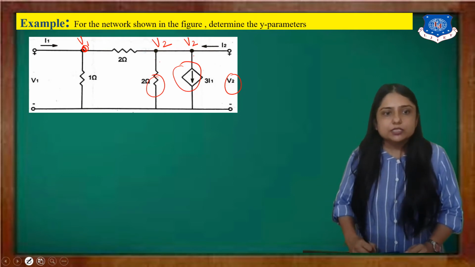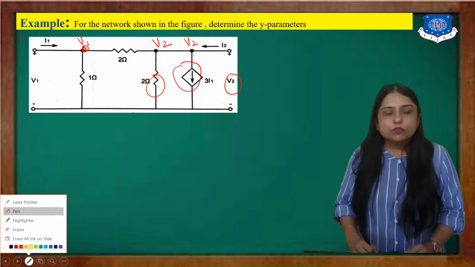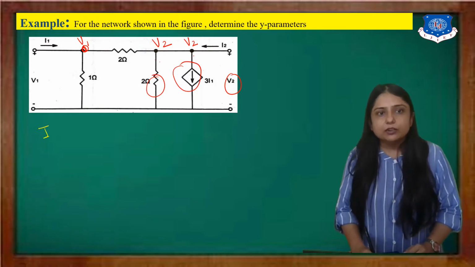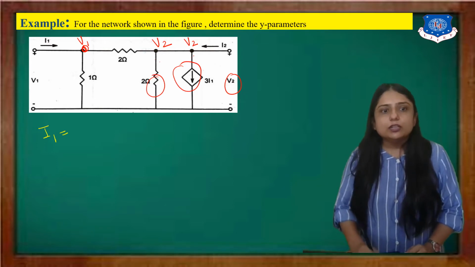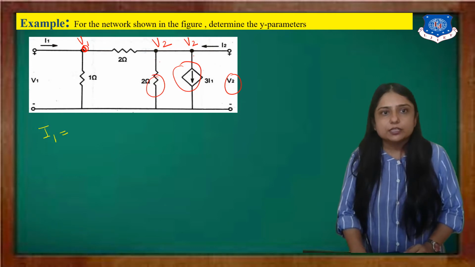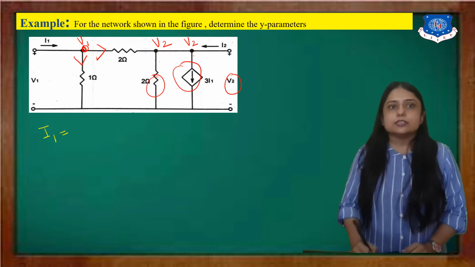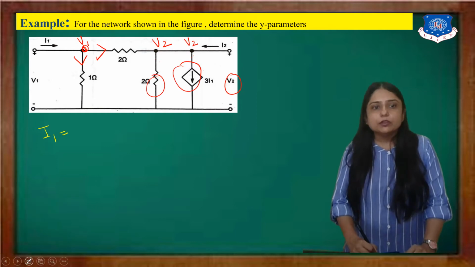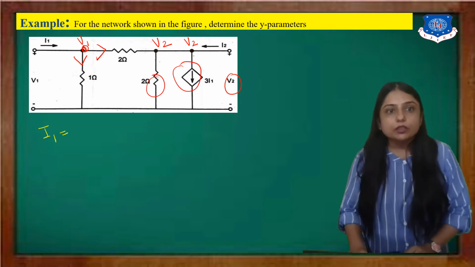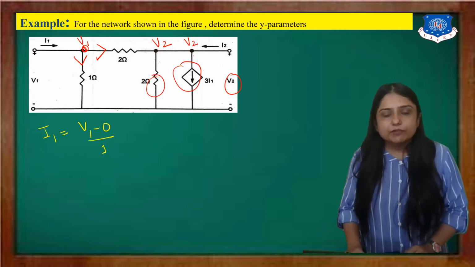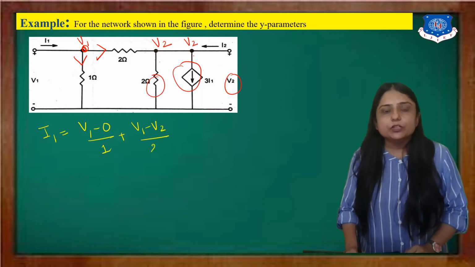Now I will write the equation for I1. The input current I1 is divided into two branches, one this and another this. So the value of the current becomes (V1 minus 0) divided by 1 plus (V1 minus V2) divided by 2.